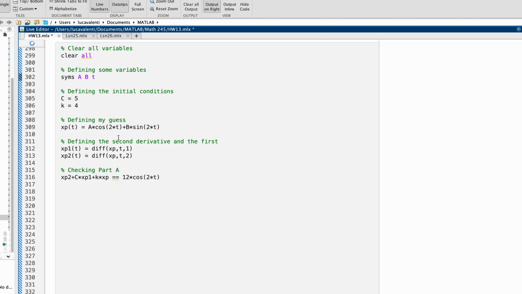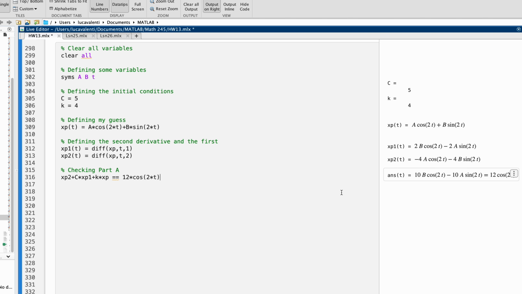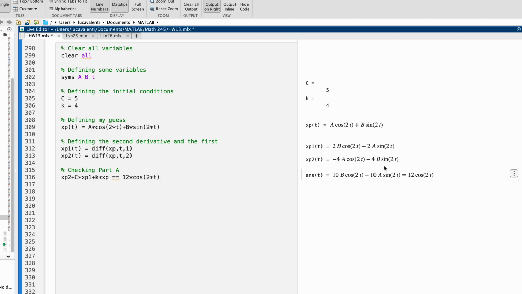So we press Control Enter here, and we get this answer. So now we can solve for a and b.